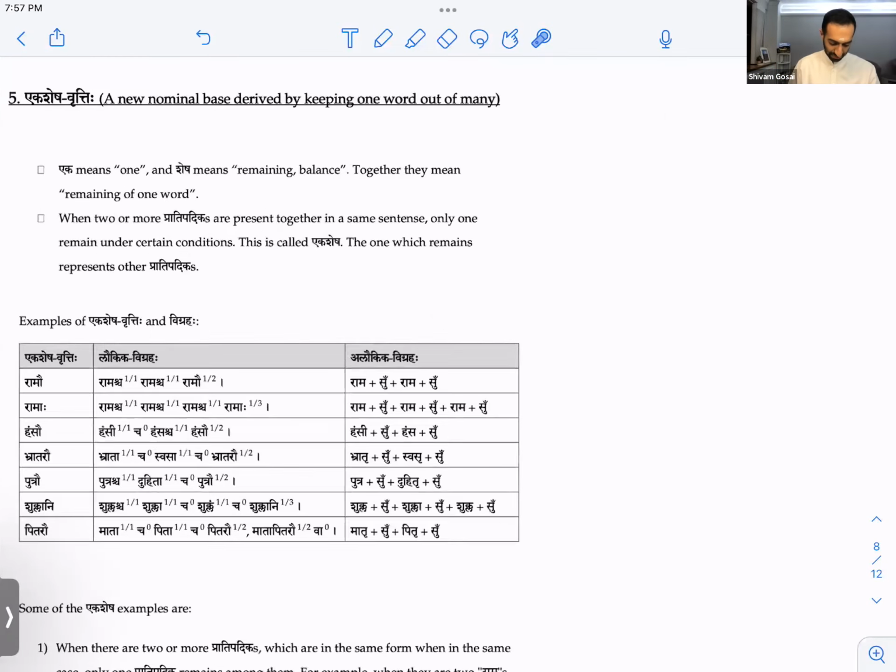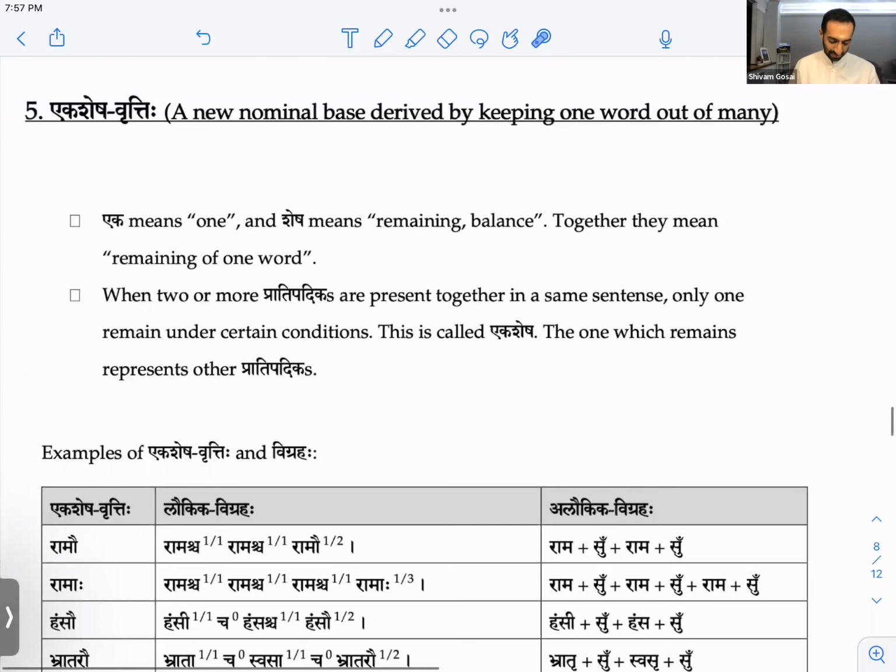Okay. Ekashesha vritti. This is a bit odd. We don't see this very much. So even when we do the full meal later on, it's only one page. Okay. So this is basically it. This is not so deep. We're making a new pratipadika.